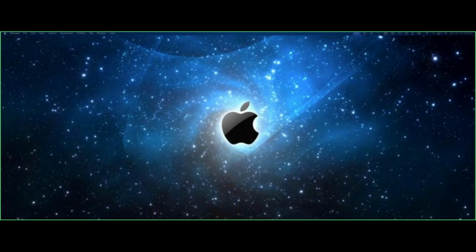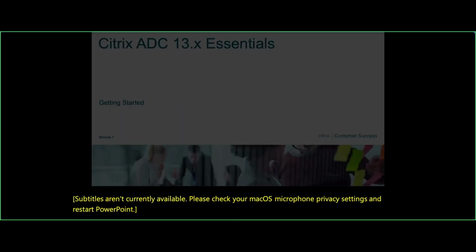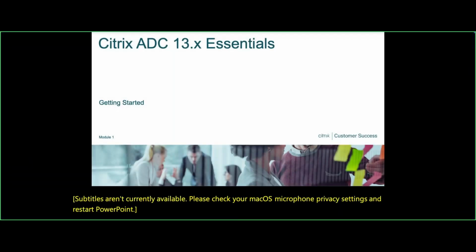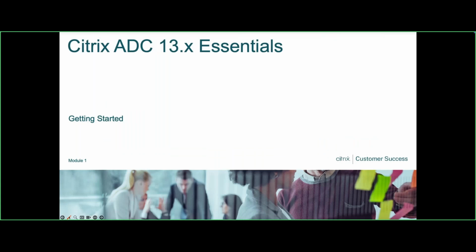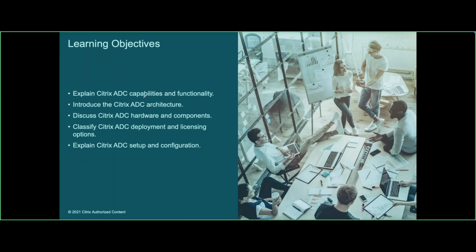Right, sir. So I'm gonna get started with this. This is the first module that we're gonna do, which is module one, getting started. We're gonna look at the capabilities and functionalities of the ADC. And before I start, do you know how the configuration or the flow happens in the ADC?